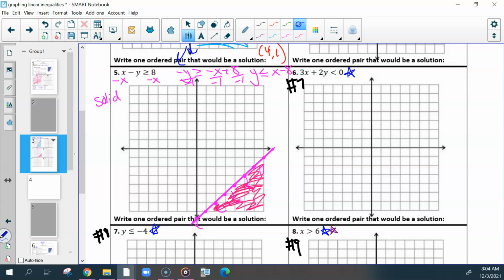Would that be a solution? 5 negatives, 1, 2, 3, 4, 5. That would be a solution. Would 7, negative 1 be a solution?